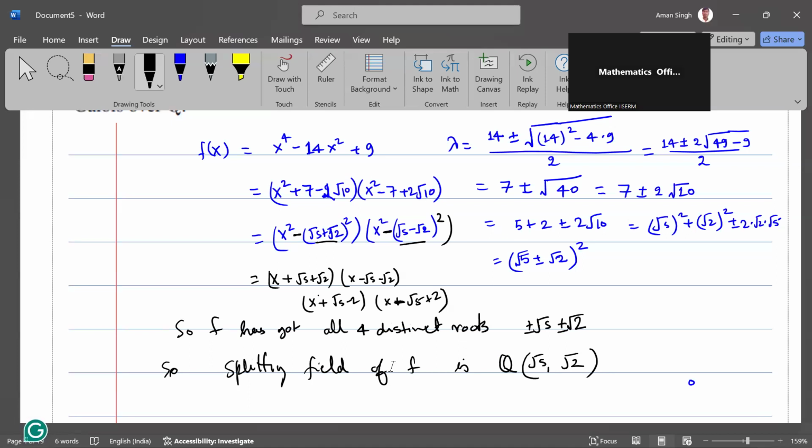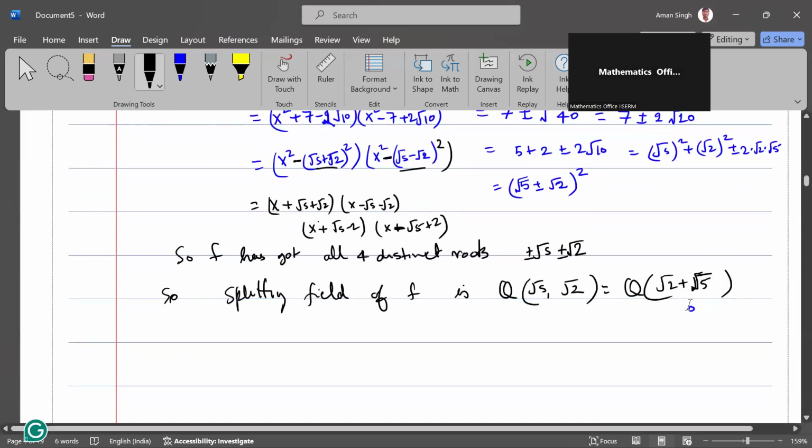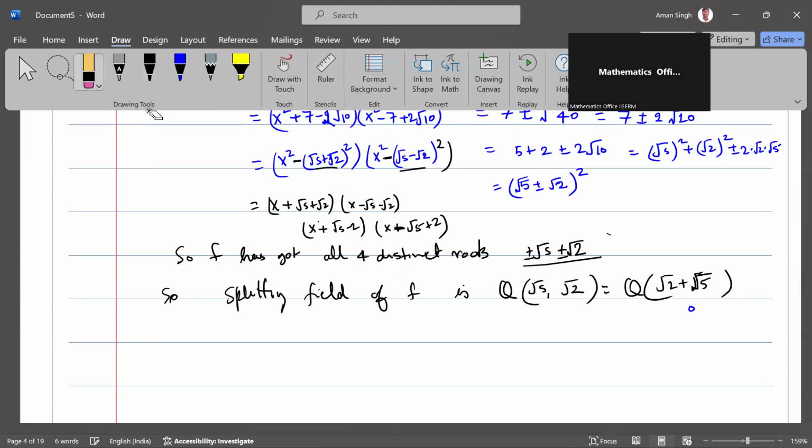And one more thing, it is just equal to Q of root 2 plus root 5, right? You are just attaching one root of F and you are getting all the roots here because all four roots are here. So this is a Galois extension of degree 4. We have seen this. Why am I directly writing this?